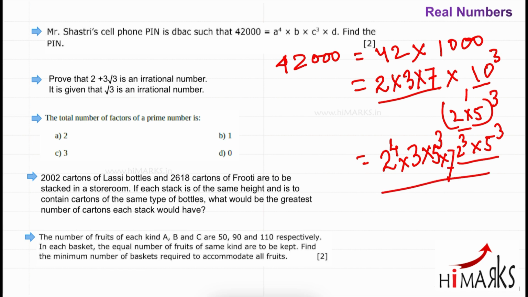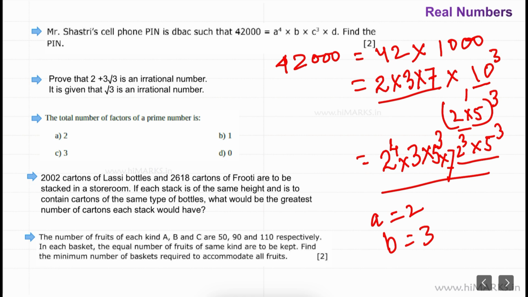Now you find the similarity. A became 2, B became 3, C is 5, and D is 7.